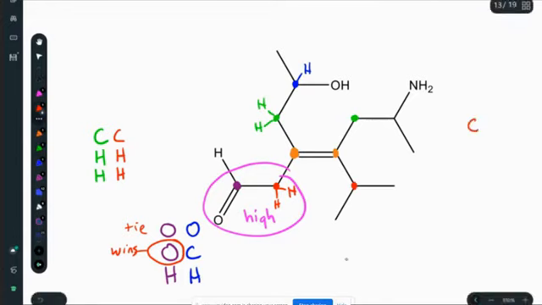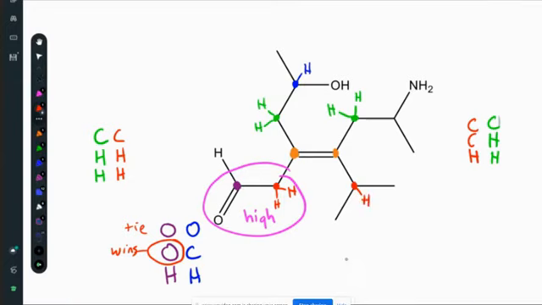The red one is bonded to C, C, and H. The green one is bonded to, not O, sorry, is bonded to C, H, and H. Right? This is bonded to 2 H's. This one down here is just bonded to 1. So again, I have a tie in the first row, but then a winner in the second row. And that's going to make this group here high priority on the right.